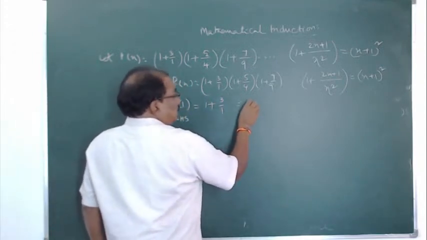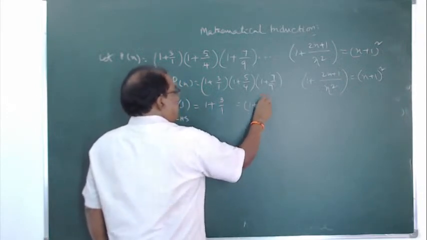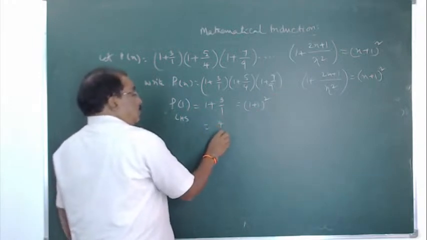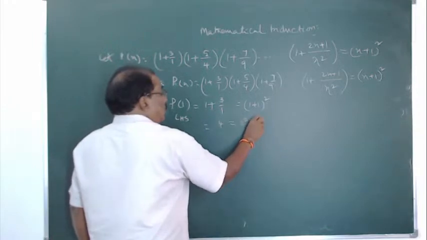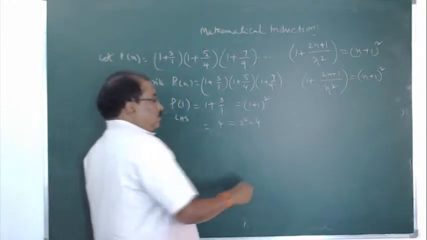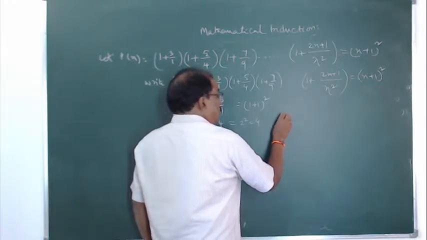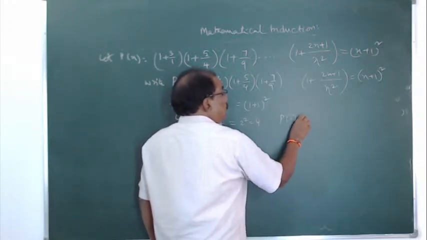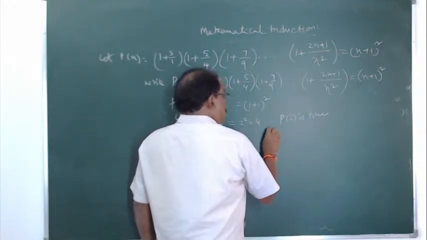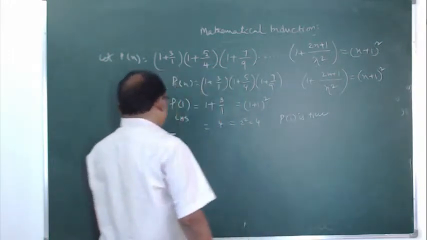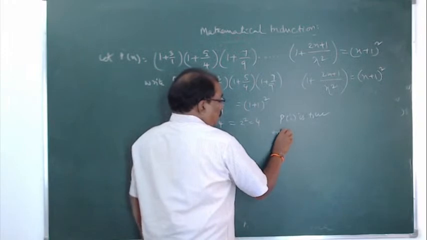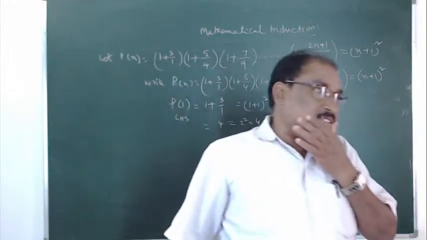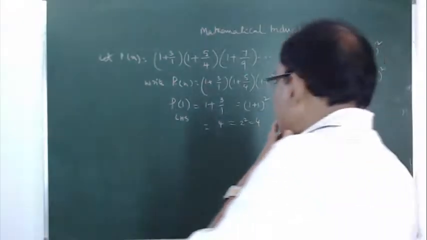RHS is 1 plus 1 whole square, which is 2 square, that is 4. Then LHS is equal to RHS. Therefore P of n is true for n is equal to 1. The second step, basis of the induction, is completed.